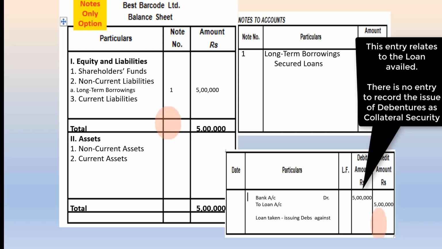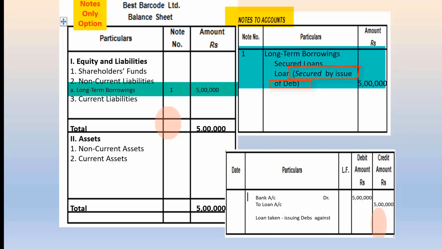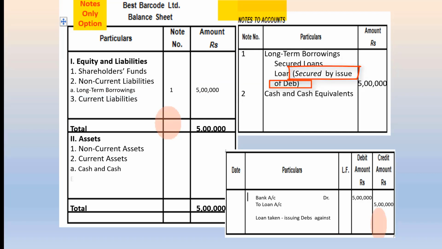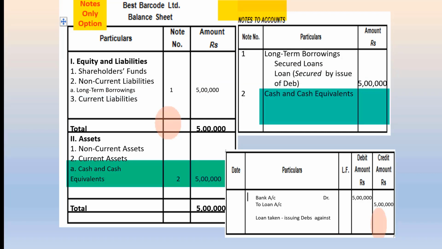If an accounting entry is not passed, it is disclosed in the balance sheet only as a note to the loan that it supports as a collateral security. And of course, cash at bank would be disclosed as prescribed under the broad heading of cash and cash equivalents.